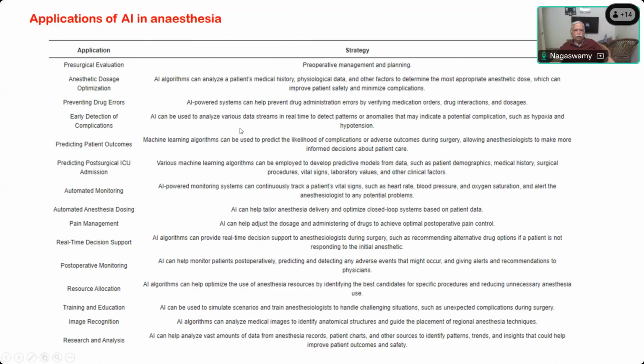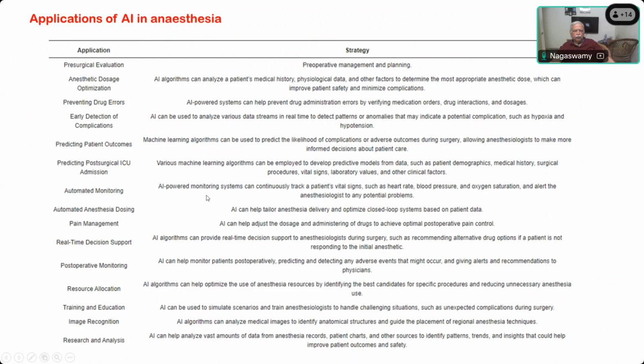That is safer for the patient. The fourth thing is predicting patient outcomes. Machine learning algorithms can be used to predict the likelihood of complications or adverse outcomes. And post-surgical ICU admissions can also be predicted.